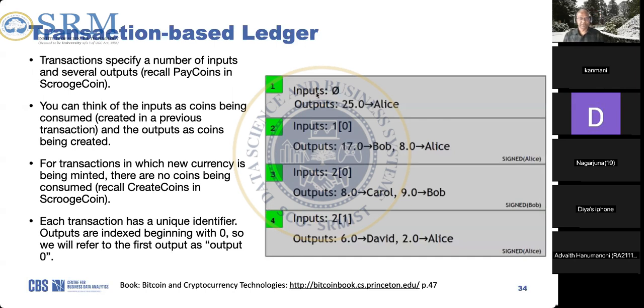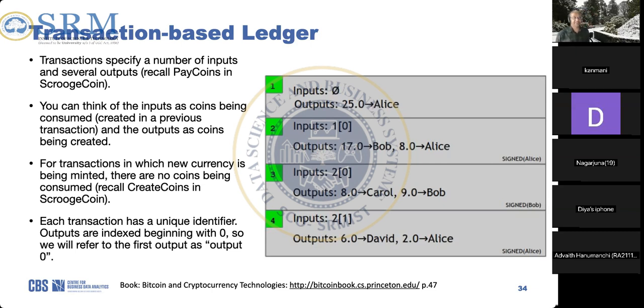So here we have the inputs and we have the outputs, right? So basically, a simplified design. Since this is a create coin transaction, there is no input, because the coins are created new. On the other hand, these are the pay coin transactions. So you have the input, the coin which we are spending, and outputs to whom the coins have been spent.